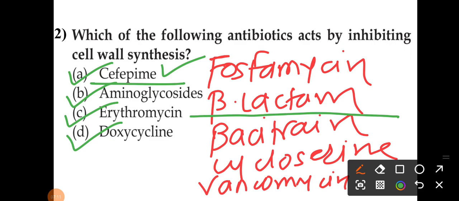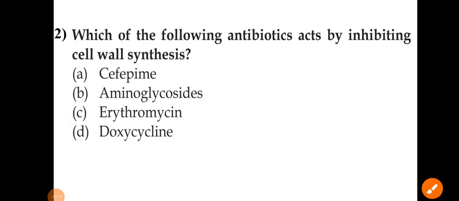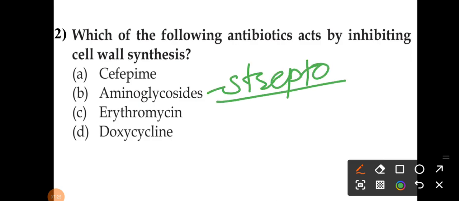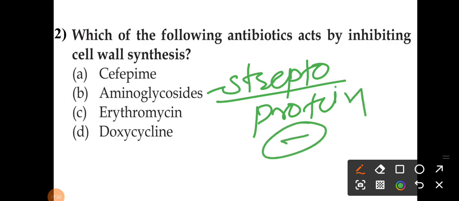But what about the other options? Aminoglycosides, erythromycin, and doxycycline. So what is an example of aminoglycosides? That is streptomycin. We know these are protein synthesis inhibitors, right? Then erythromycin is from the macrolide category.